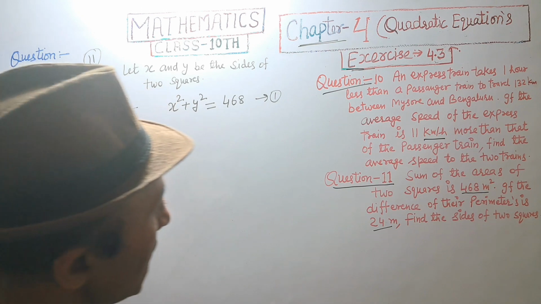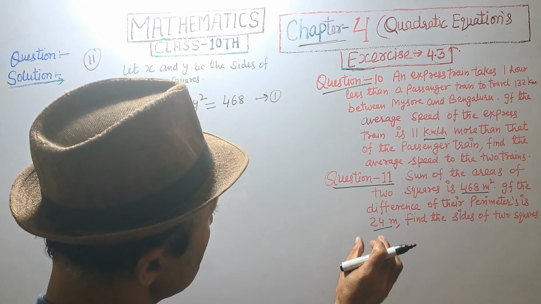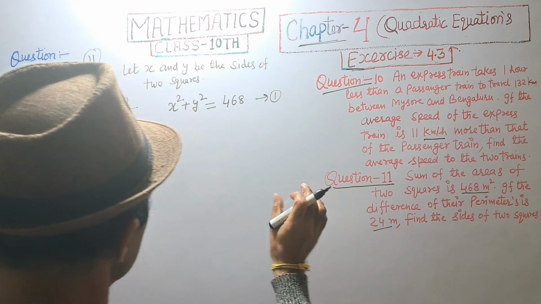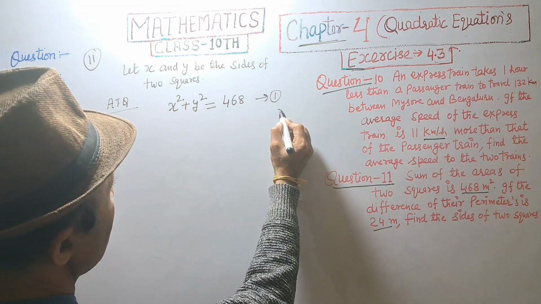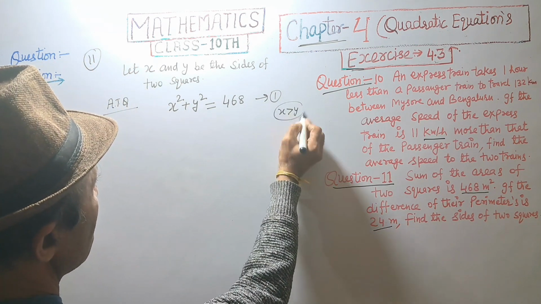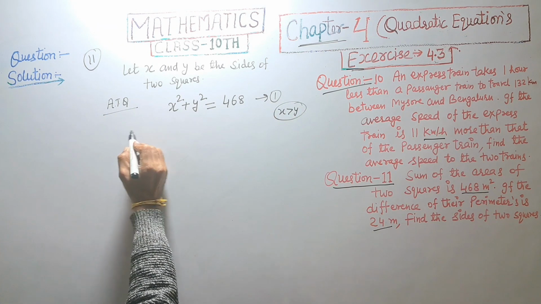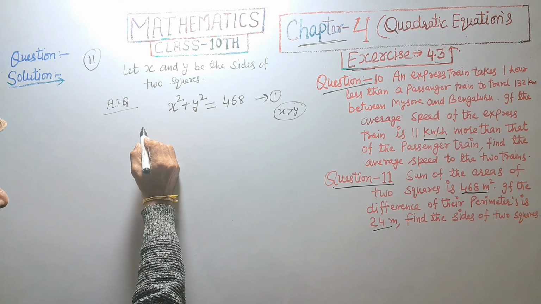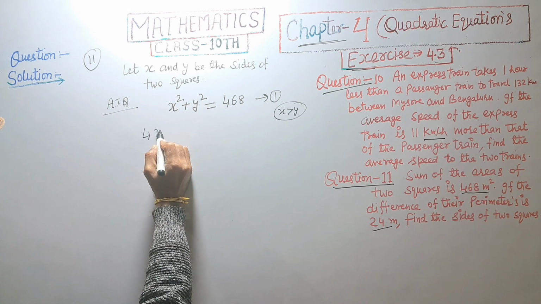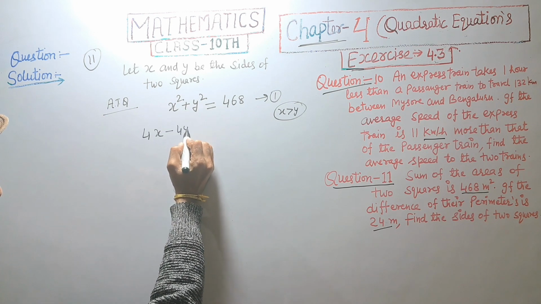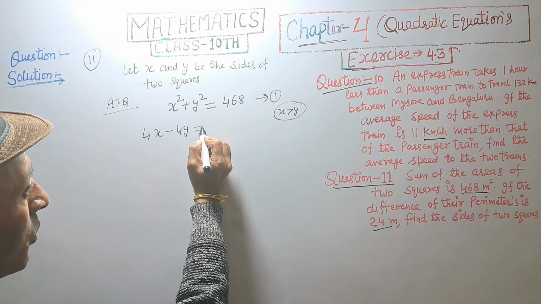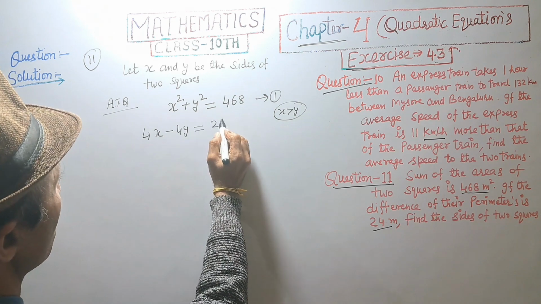And if the difference of their perimeters is 24, when x is greater than y, the difference of perimeters is 4x minus 4y is equal to 24.